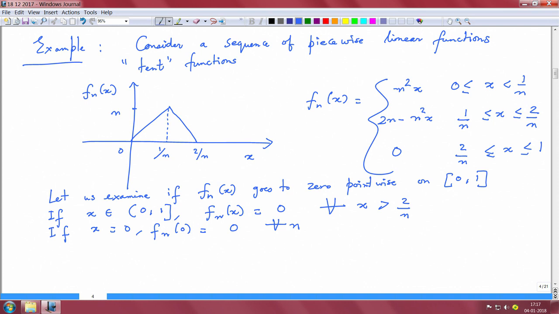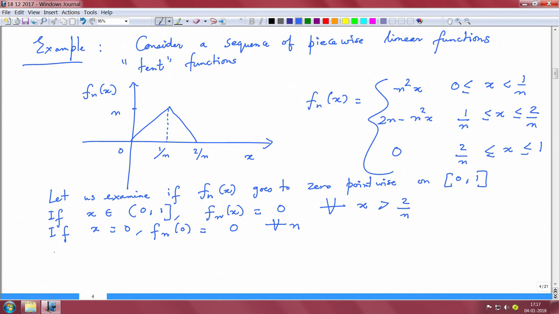Now, we have to investigate the following. Look at the integral of the function f_n(x) and the limit of this integral, and look at the integral of the limiting function and see what we can infer from these two cases.